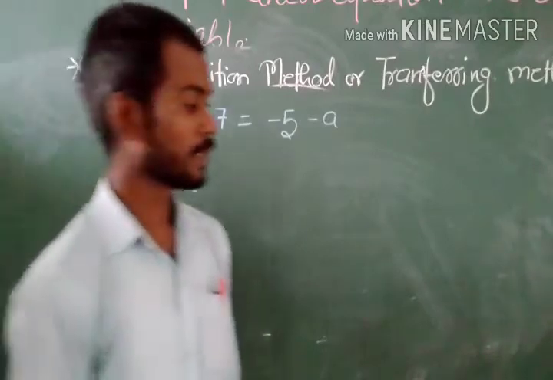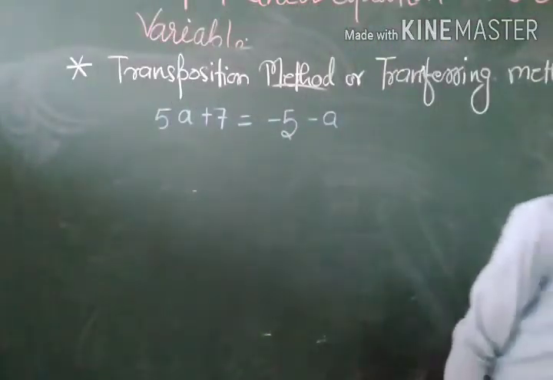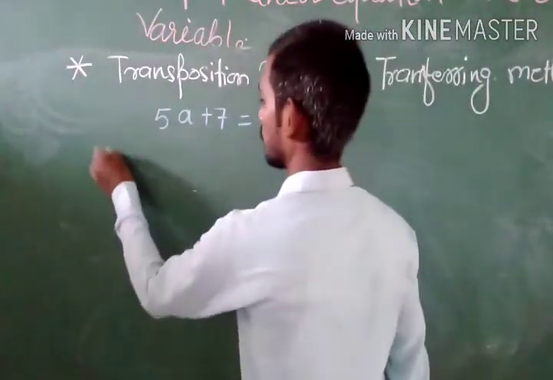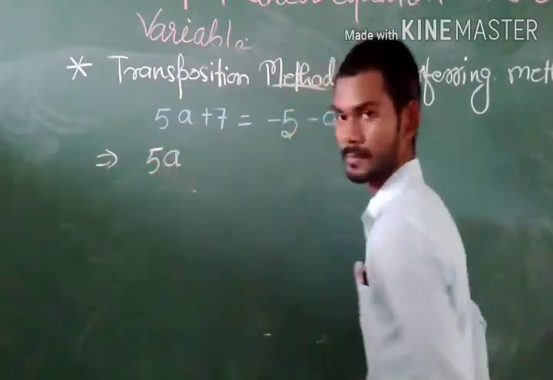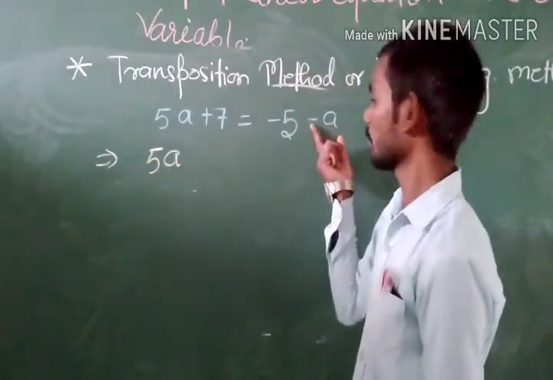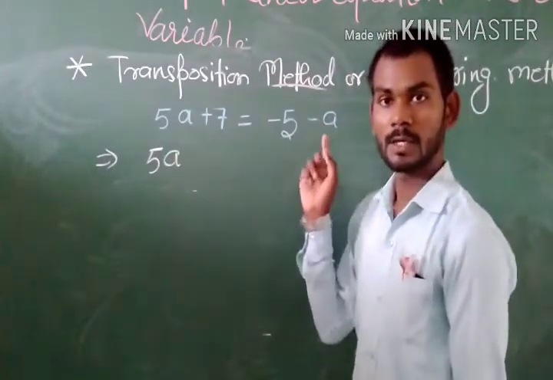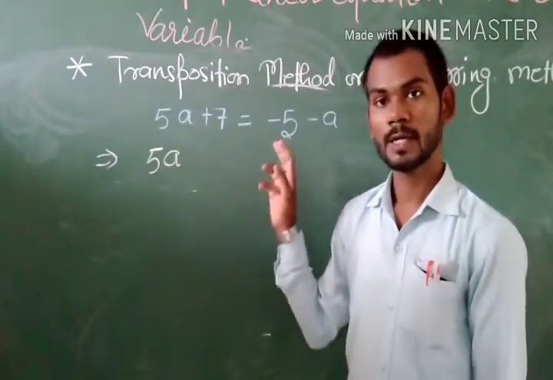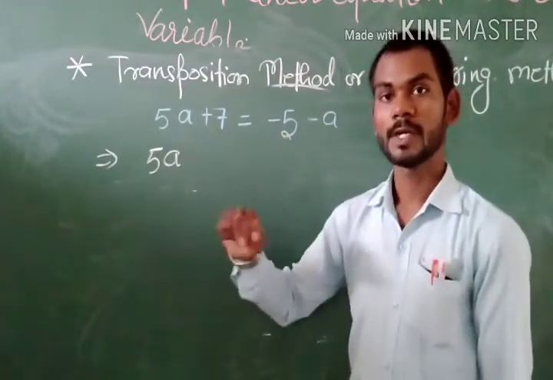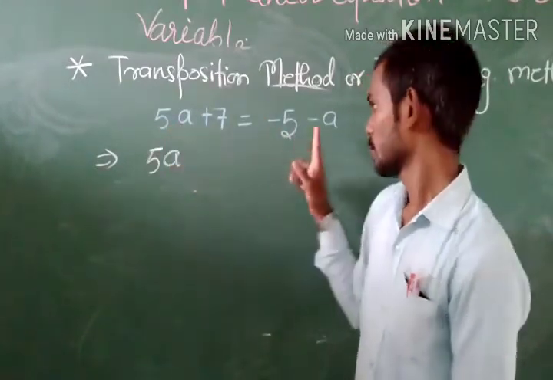So we write this, 5a. Here we can see that minus a. When a negative sign goes from left to right or right to left, it becomes a positive sign.